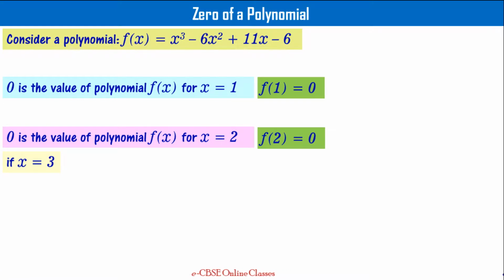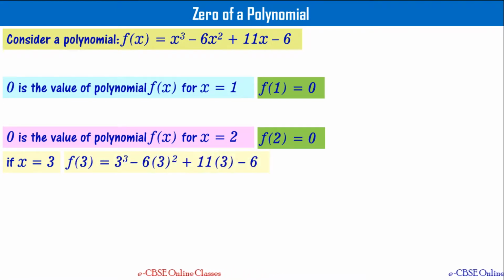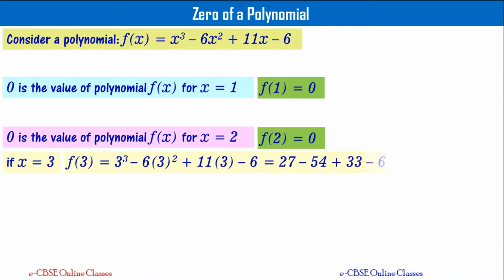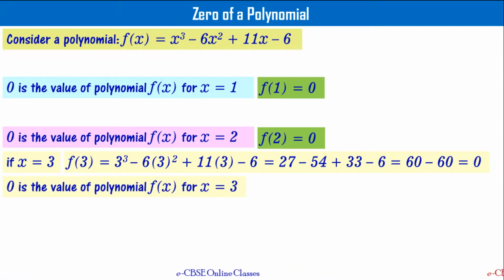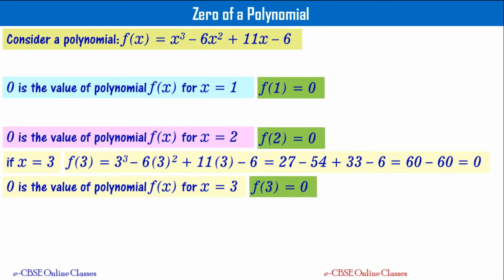Similarly, if x equal to 3, f of x can be written as f of 3. And you simplify this to get f of 3 is also equal to 0. Means that 0 is the value of polynomial f of x for x equal to 3, right? It means that f of 3 is equal to 0 in mathematical terms.